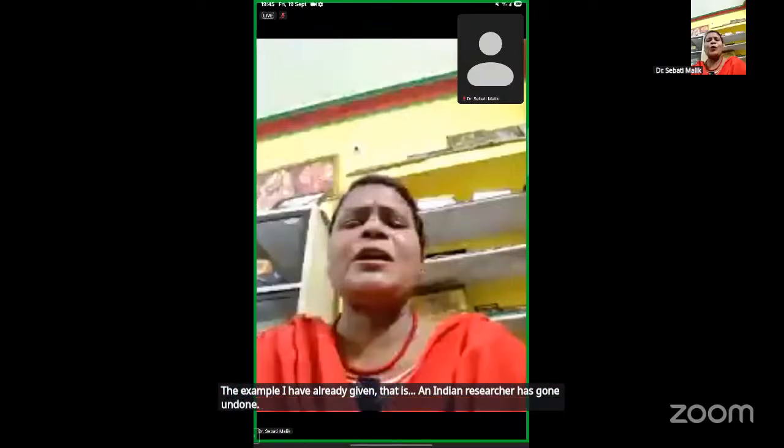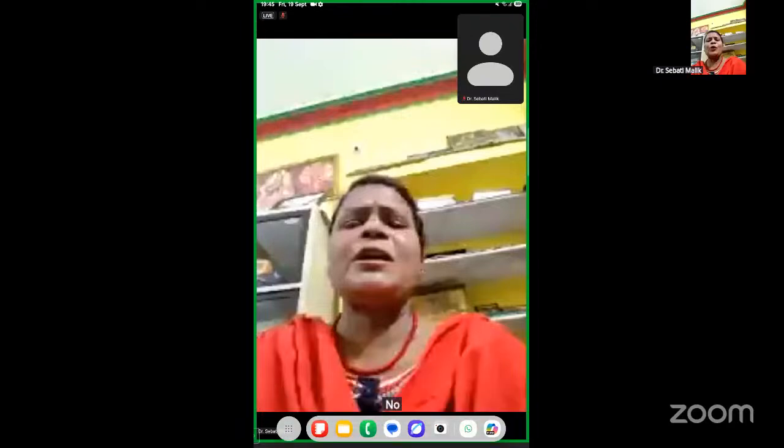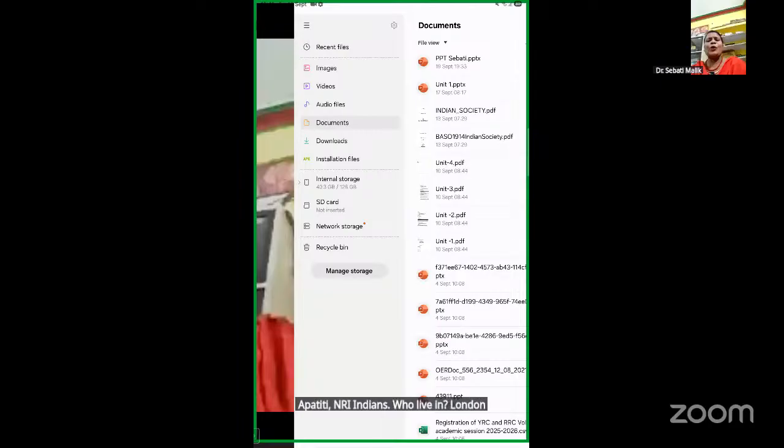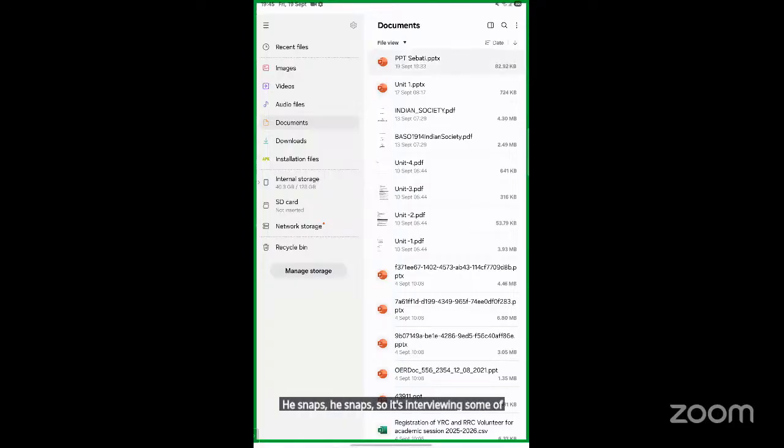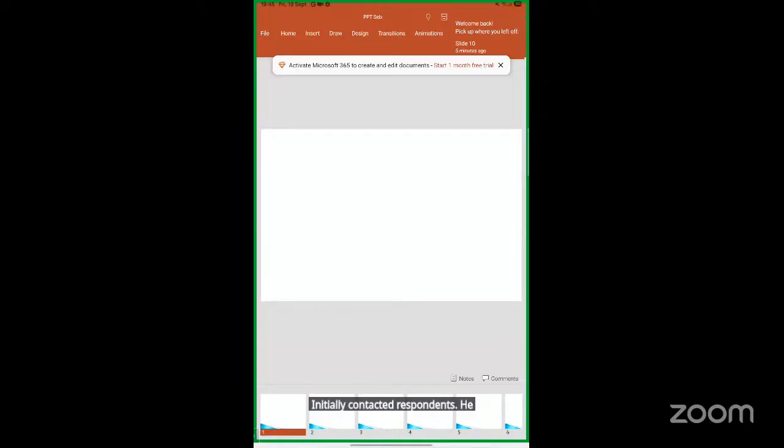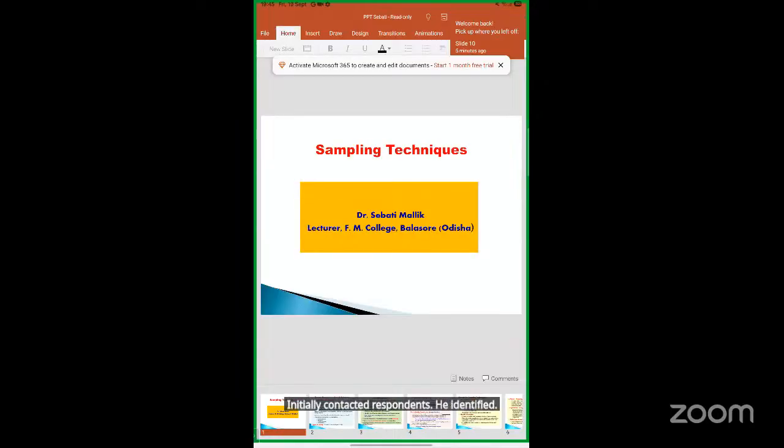The example I have already given is that an Indian researcher has gone to London to know the social issues of the NRI Indians who live in London. First, he starts with interviewing some of the respondents, and later, with the help of the initially contacted respondents, he identifies other respondents as well.